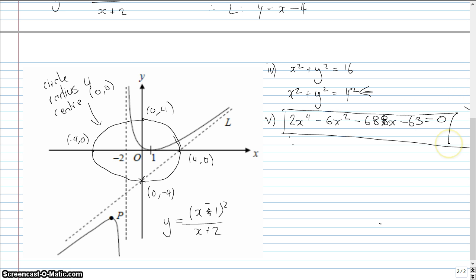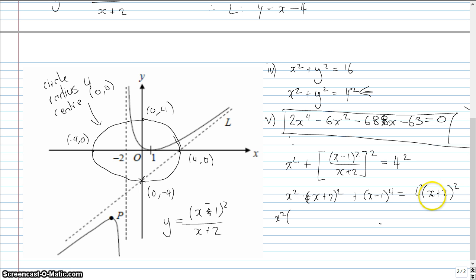So if I take x squared plus ((x minus 1) squared over (x plus 2)) squared equals 4 squared, what do I get? I get x squared times (x plus 2) squared, moving the bottom line up, plus (x minus 1) to the power of 4 is equal to 4 squared times (x plus 2) squared.